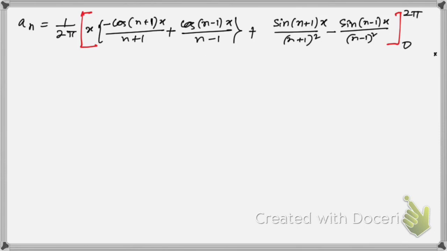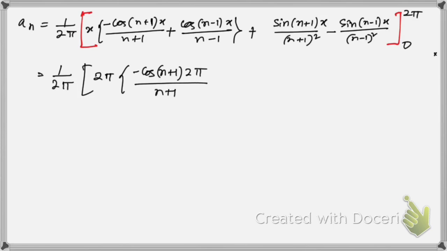If you put twice pi, this x will be twice pi, and on putting 0, this term will also be 0 because there is x. If you put x equal to 0, 0 into anything is 0. So if you put twice pi only, you will get 2 pi, then minus cos of (n plus 1) into 2 pi by (n plus 1), then plus cos (n minus 1) 2 pi by (n minus 1). That's what we're going to get, right?